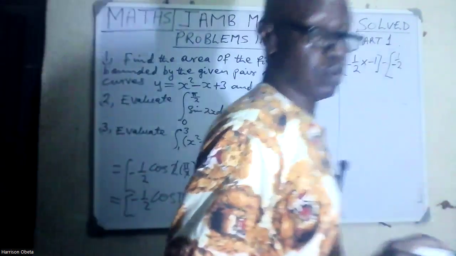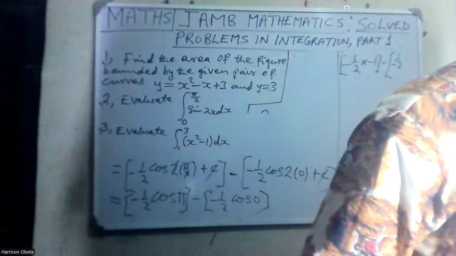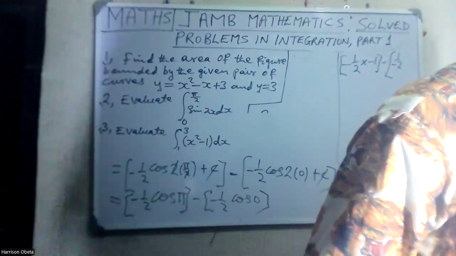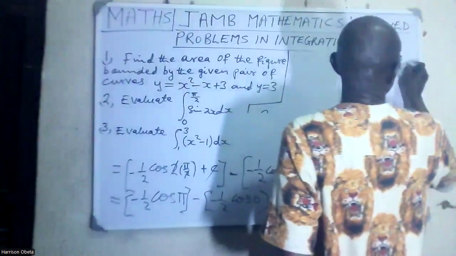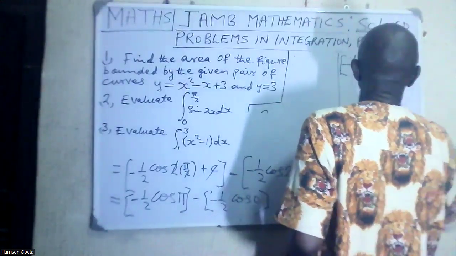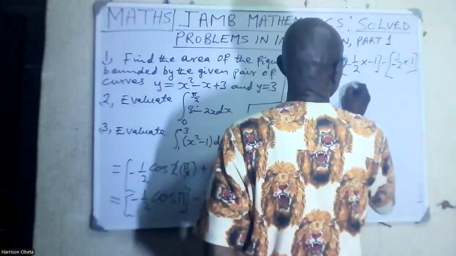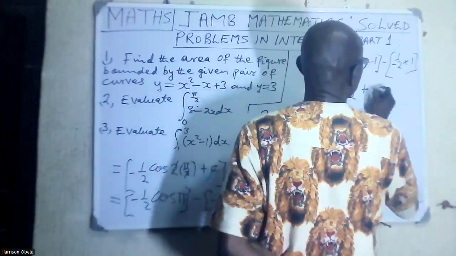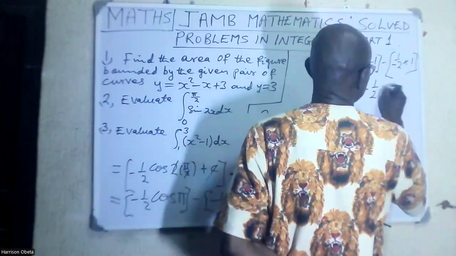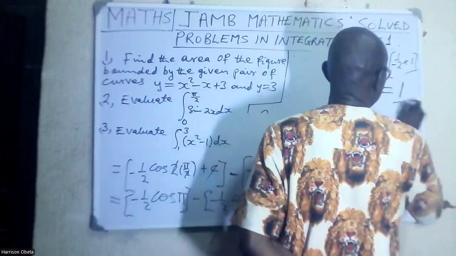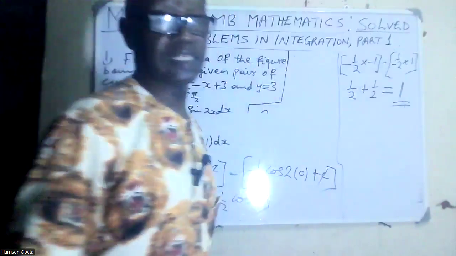What is cos 0? And we have that cos 0 is 1. So if you multiply out, this will give us half plus, because this will change to plus half. And then we have 1 as our final answer there.